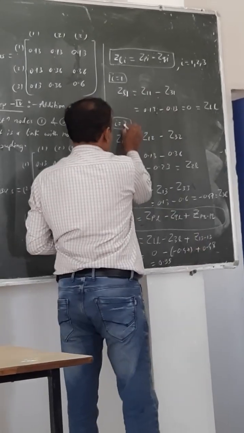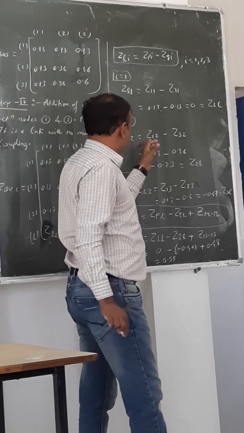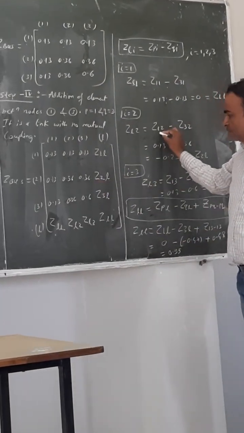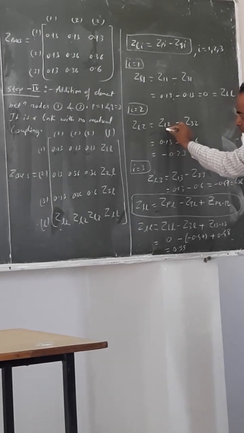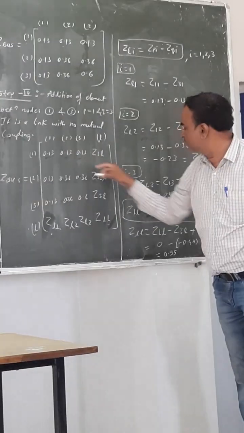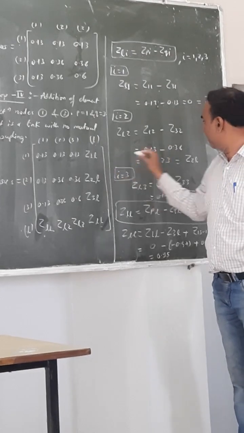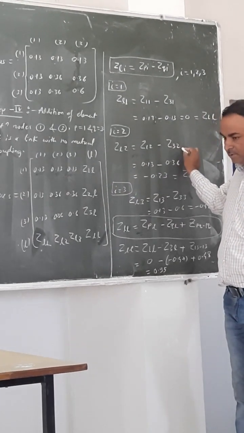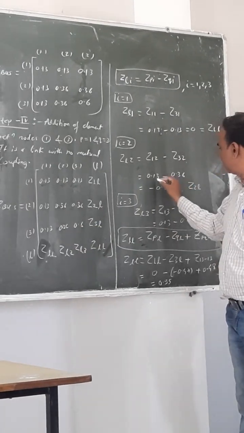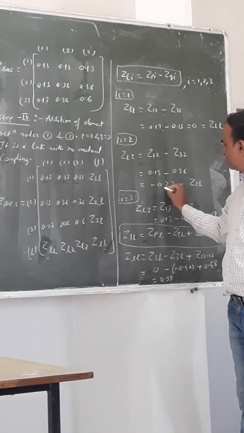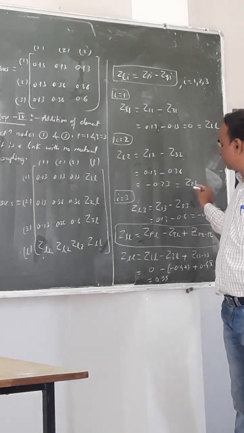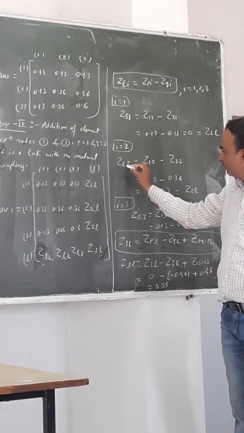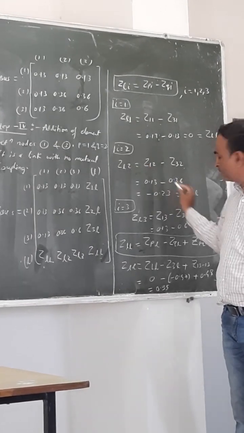So now put the values. What is the value of Z12? 0.13 minus, what is the value of Z32? 0.36. On calculation, you will get minus 0.2. That is nothing but Z2L. Is it clear? ZL2 can be written as Z2L.